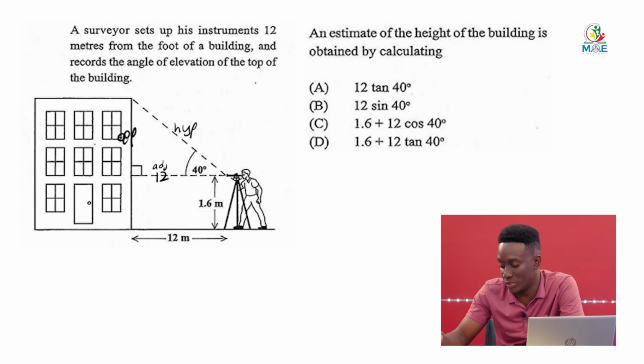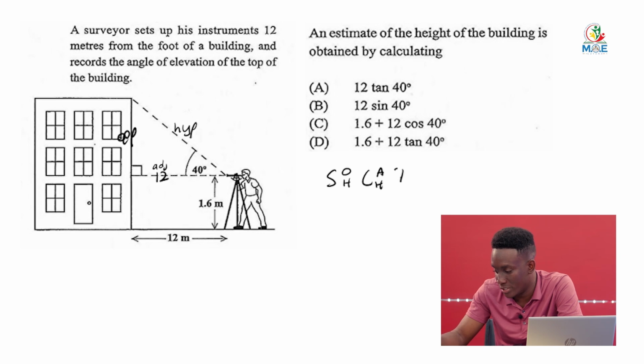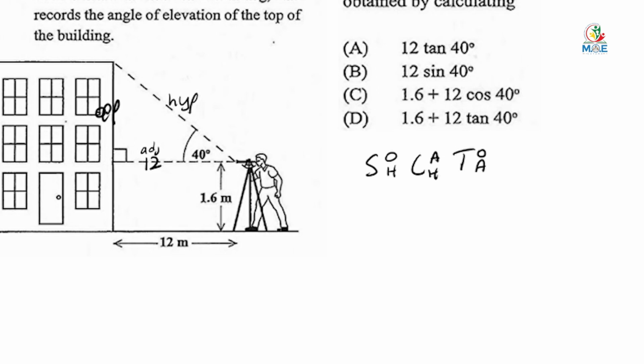So let's see which ratio deals with that. Some old horses can always hear their owners approach. The ratio that has the opposite and the adjacent, we see, is tan. So we can say tan theta is equal to opposite over adjacent.